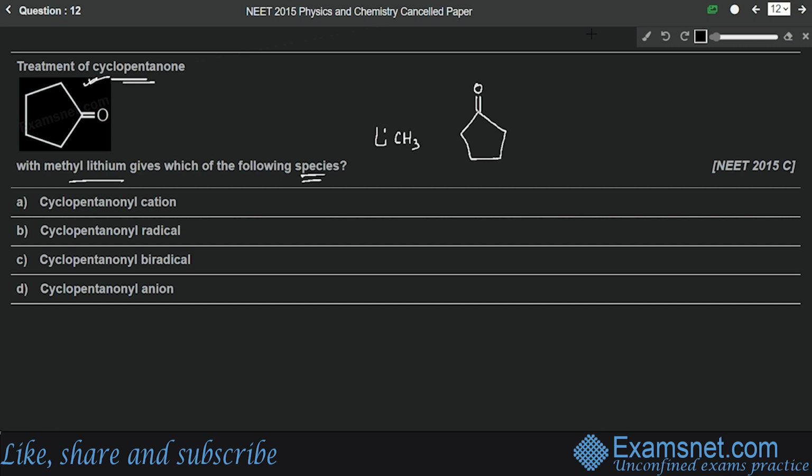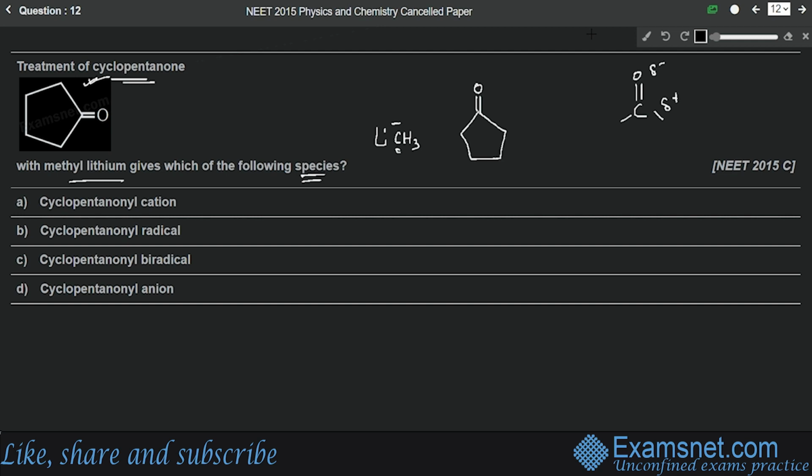Okay, now we know that lithium acts as the electron donor. So it will donate the electron towards this methyl group, due to which this carbon will have a negative charge on it. Then this methyl group will become negative. Now this carbonyl group, we know that if this is carbon and this is oxygen, oxygen is more electronegative than carbon, due to which oxygen has partial negative charge and carbon has partial positive charge, right?